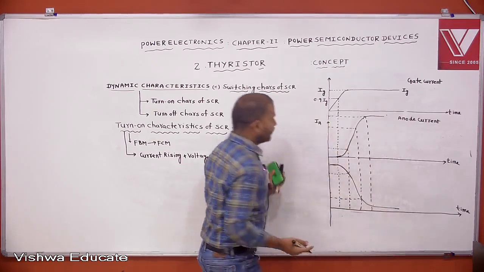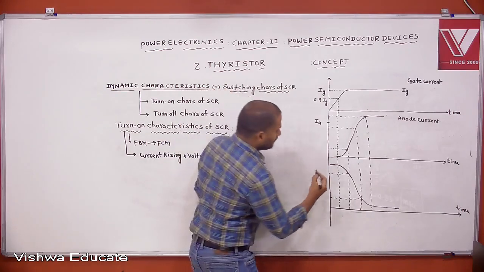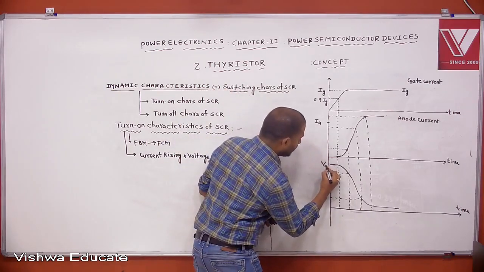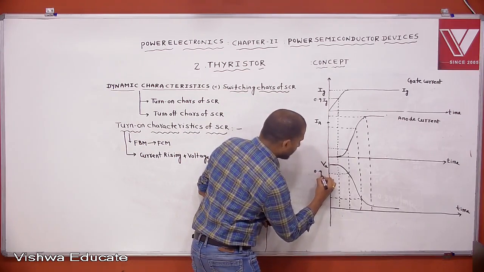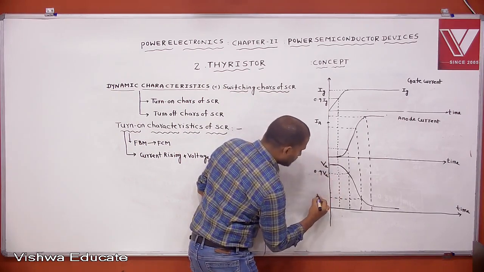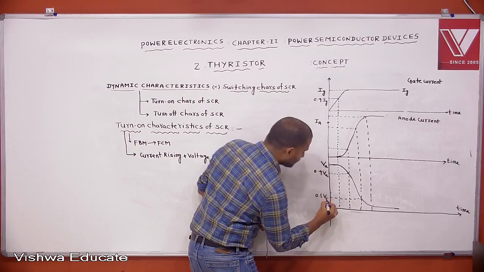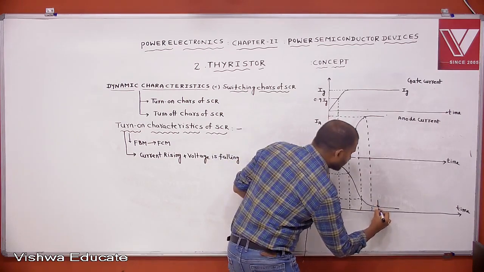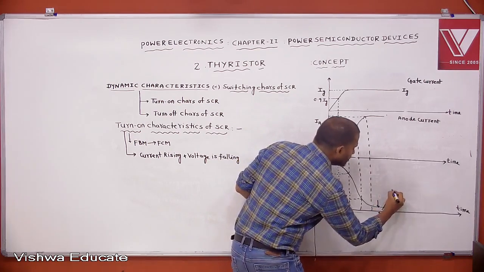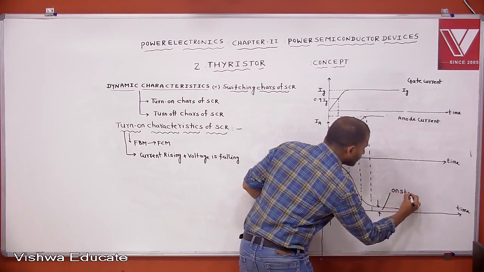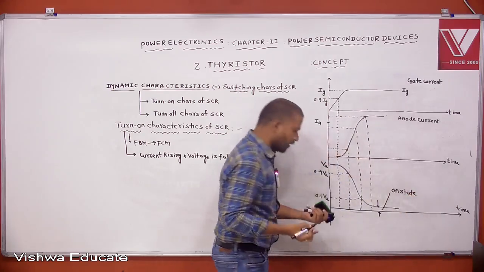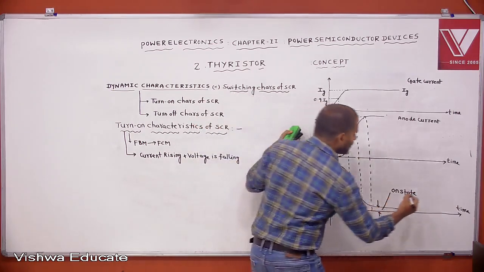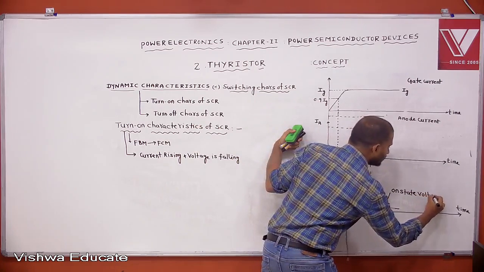This waveform is the anode voltage, yes, this is VA, the anode voltage. This is 0.9 VA, and this is 0.1 VA. This voltage is the on state voltage drop, or forward voltage drop.